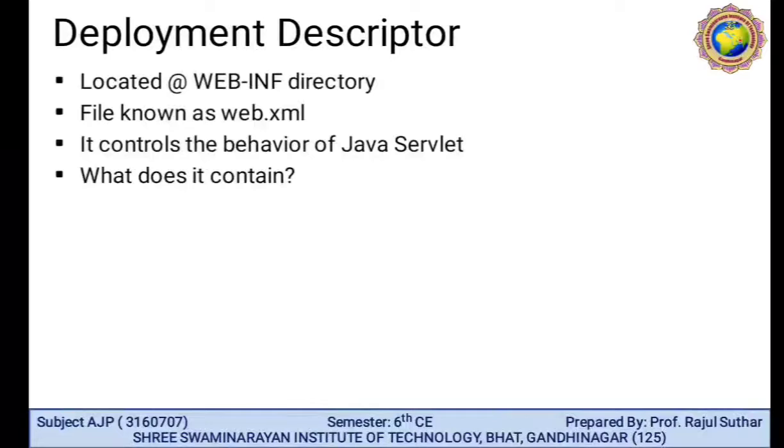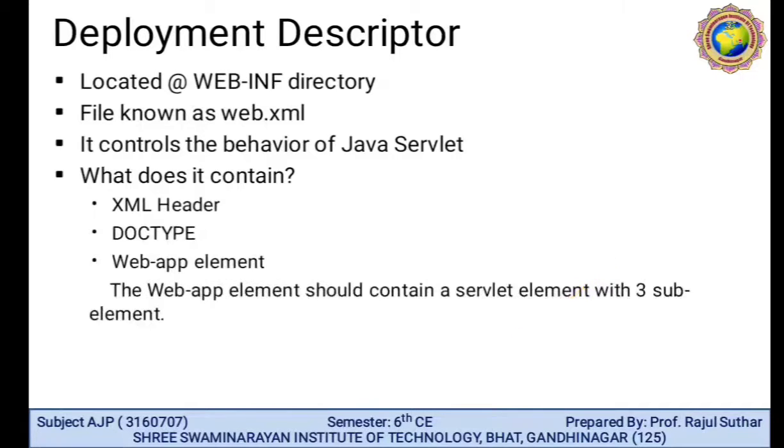What does it contain? XML header. It stores the XML header information. Doc type. Web application elements. The web application element should contain a servlet element with 3 sub elements. First one is the servlet name, used to access the Java servlet.